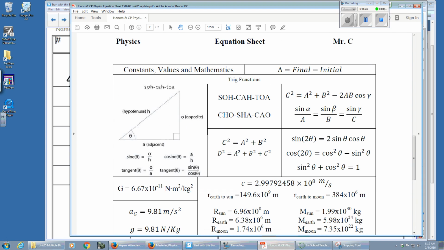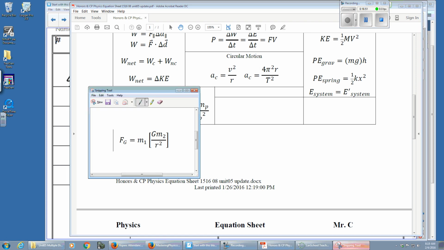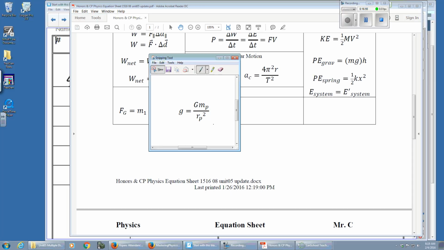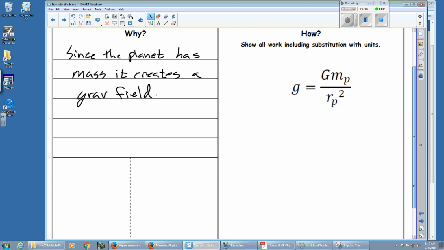Let's grab our equation for creating a gravitational field, which is right here. And now we're going to put in our values. So I'm solving for the gravitational field strength, little g.